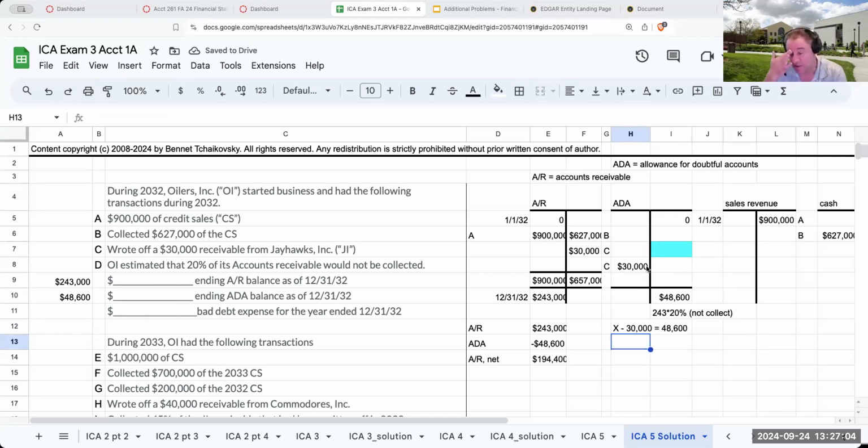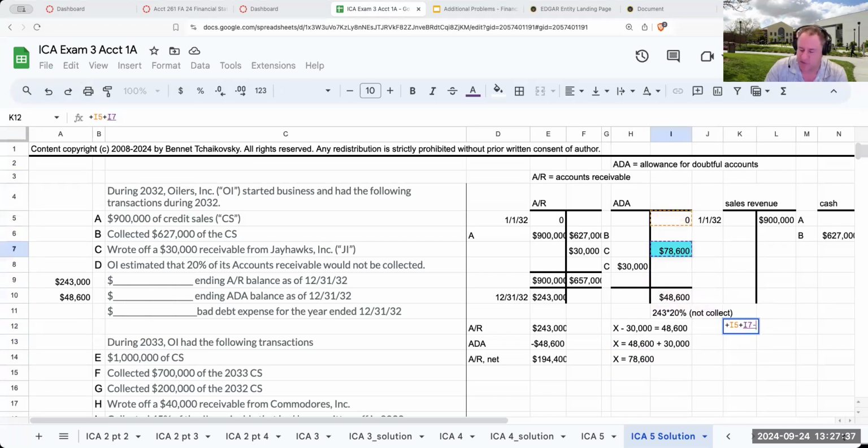So obviously, this is the end result. I've got to figure out how much I need to record for bad debt expense. So X equals 48,600 plus 30,000. So my X, or my bad debt expense, what I need to balance, is going to be 78,600. So we're going to put 78,600 here. And when I do this, what I want to make sure is, did I do this correctly? 0 plus 78.6 minus 30,000 gives me 48.6. I want to make sure I'm doing that part correctly. So that's how we get through this part.